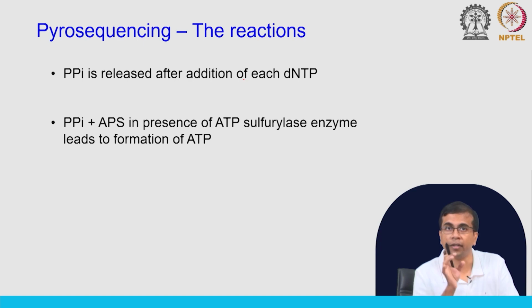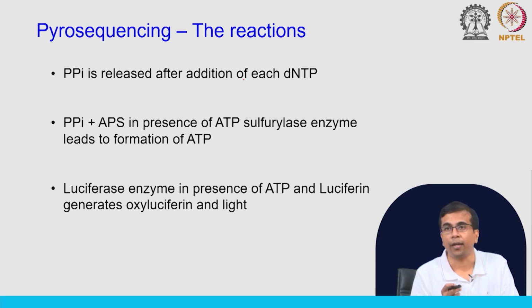This APS and ATP sulfurylase are present in these wells; they are supplied with the reagent. In addition, you have luciferase enzyme in these wells, and in the presence of ATP and luciferin, this generates oxyluciferin and light.